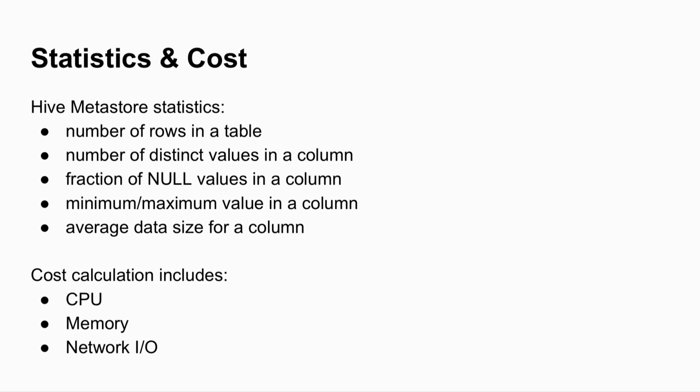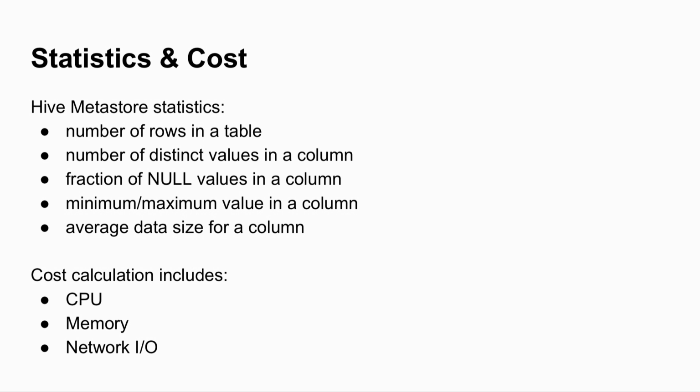So, diving into statistics and cost, the Hive Metastore today offers several things. It will tell us the number of rows in a table, at the table level and the partition level. We can also learn the estimated number of distinct values for a column, how many values are null versus non-null, the minimum and maximum value for a given column in a given table or partition, and average data size.